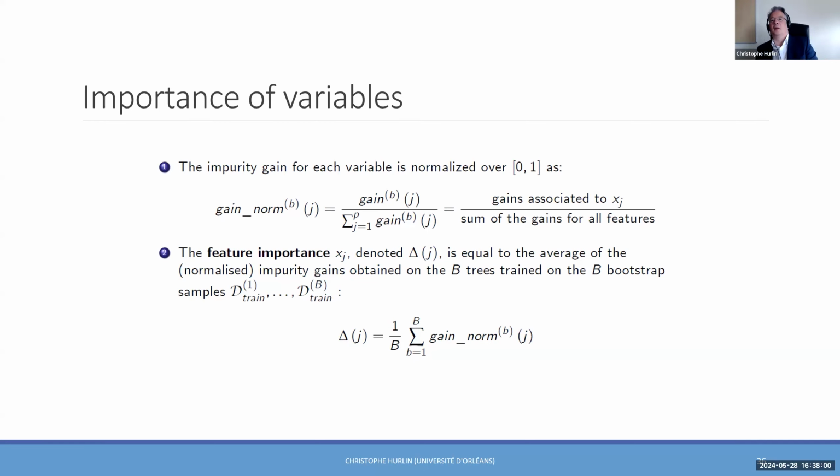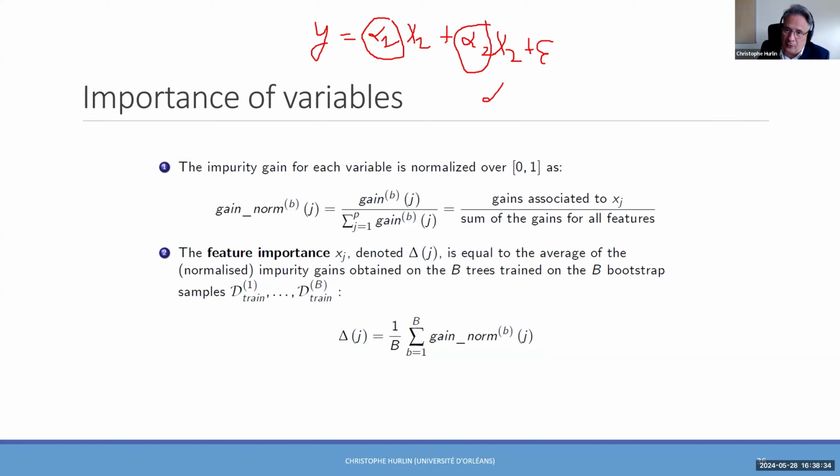Okay. Maybe I will make a parallel with econometrics. When you have a model with two explanatory variables, let us imagine that the two variables x1 and x2 have the same variance. In this case, we just have to compare the value of alpha 1 and alpha 2.